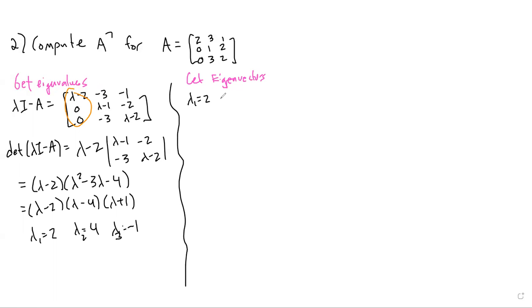So at lambda 1 equals 2, I'll get my 2I minus A is 0, -3, and -1, 0, 1, and -2, and 0, -3, and 0. So if we ignore the leftmost column, it's just sort of two entry things.